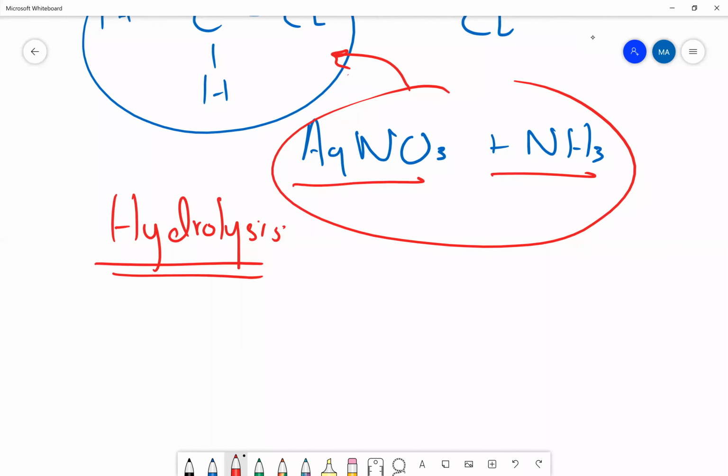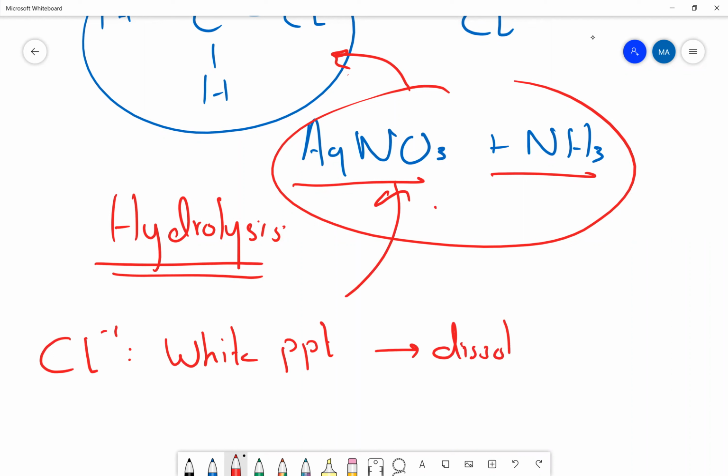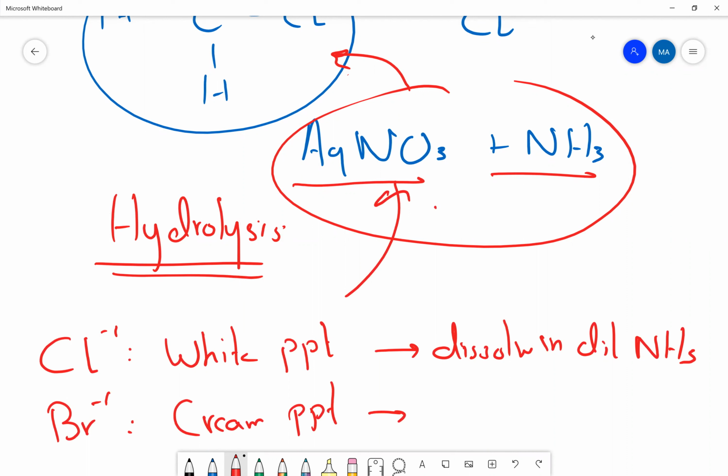Once you react with AgNO3 and NH3, if a Cl negative ion is present, it will give you a white precipitate. This is the identification with AgNO3. And it will dissolve in dilute NH3. If we have a Br negative one ion present, a bromide, it would give a cream precipitate with AgNO3, and it would dissolve in concentrated NH3.